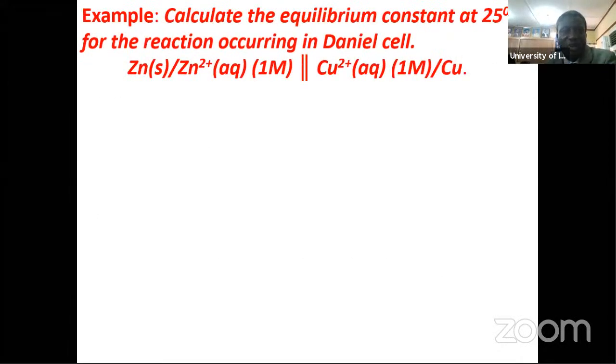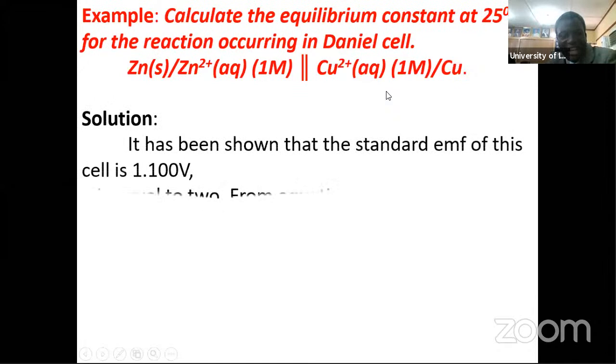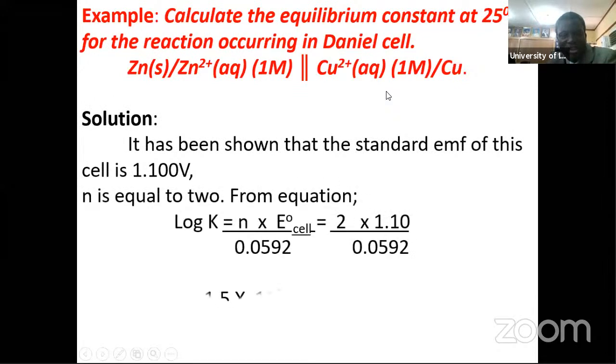The first question is to calculate the equilibrium constant at 25 degrees C for the reaction occurring in Daniel's cell. Daniel's cell is this equation, as you can remember, and the E naught cell we have already calculated before, so we bring that down. The E naught cell is 1.1.